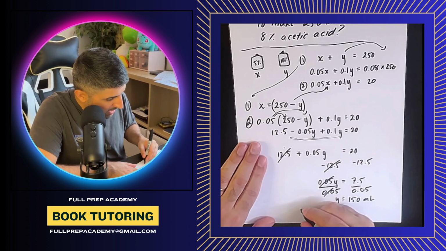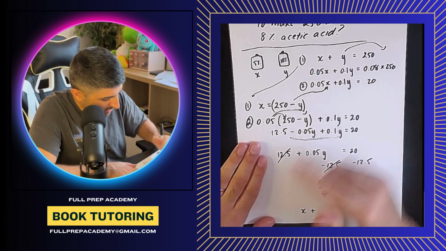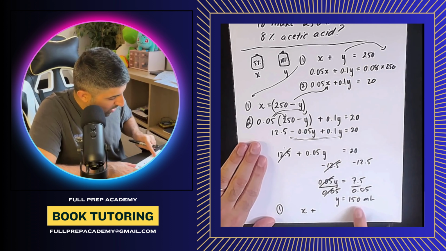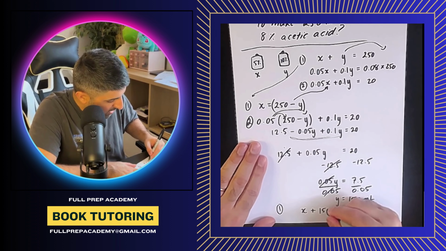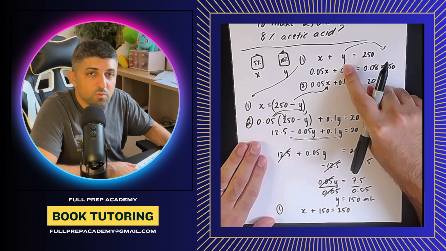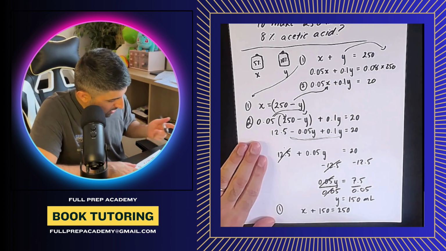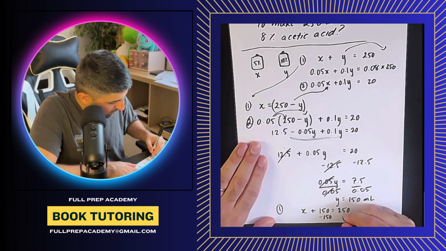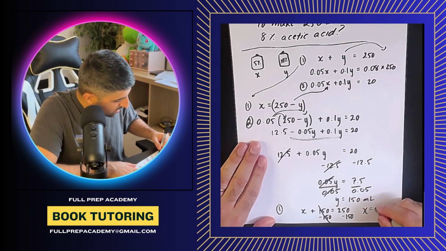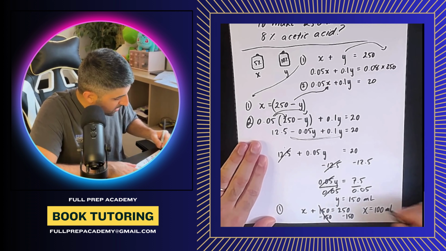Let's bring down equation 1. X plus Y is 250, Y is 150, so X plus 150 equals 250, right? I just replaced 150 right here. Subtract 150 from both sides. X is going to be 100 milliliters.